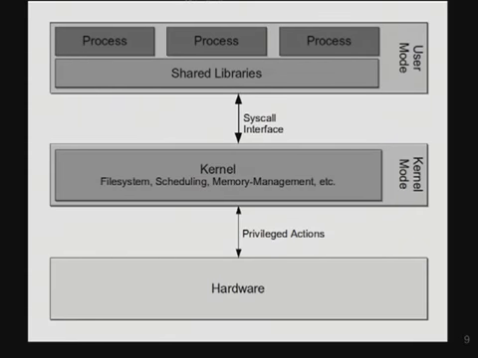We normally have two modes for a modern operating system: kernel mode and user mode. In kernel mode, the kernel runs. The kernel is the core of the operating system, and this core is able to communicate directly with the hardware. It can configure your network interface card, it can configure your SATA controller, and so on. It can switch CPU states, CPU modes, so it has direct access to the hardware.